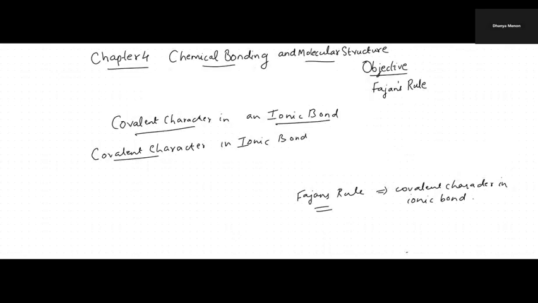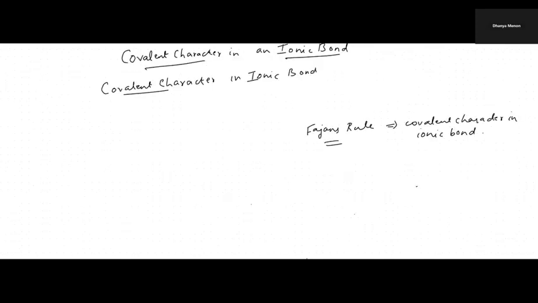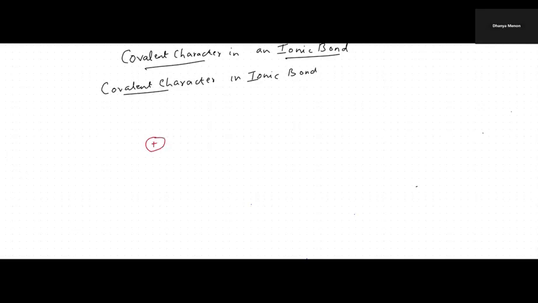Now suppose I have a cation and an anion. This is a cation. Cation is always smaller. This is an anion. Anions are usually bigger.